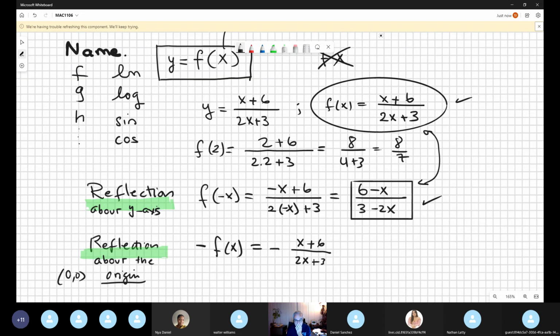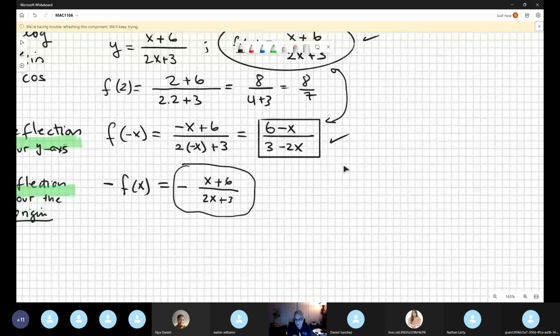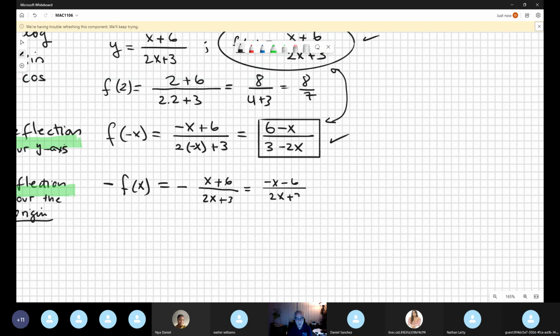This new expression includes the minus and the fraction. Okay, by the way, you can express it like that. You know, the minus and the fraction. You can put it in the middle, in the front. Oh, why not? You put it in the top: minus x plus 6 over 2x plus 3.